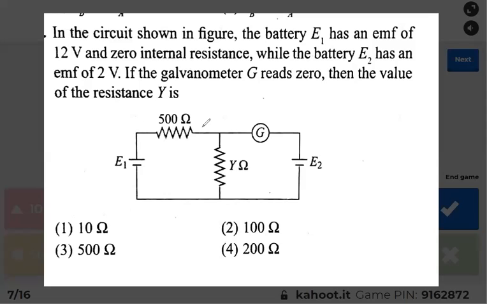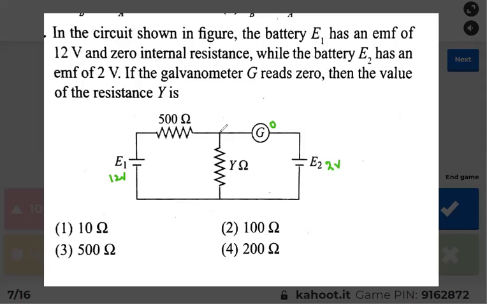In this circuit, the battery E1 has an EMF of 12 volt, given as 12 volt, and zero internal resistance, while the other battery has an EMF of 2 volt. The galvanometer reads zero. Galvanometer reads zero means no current is passing through there. Then the value of resistance Y is, tell me, everyone.